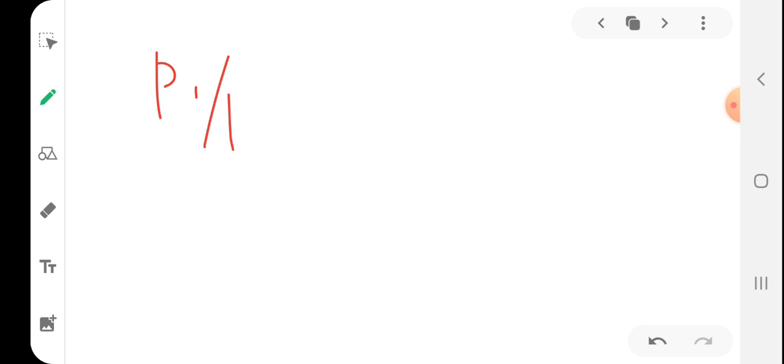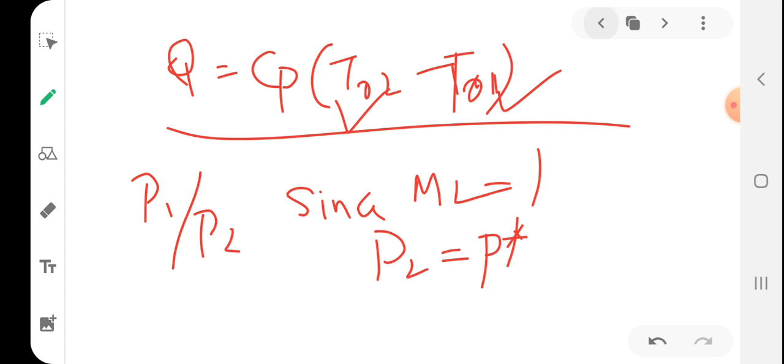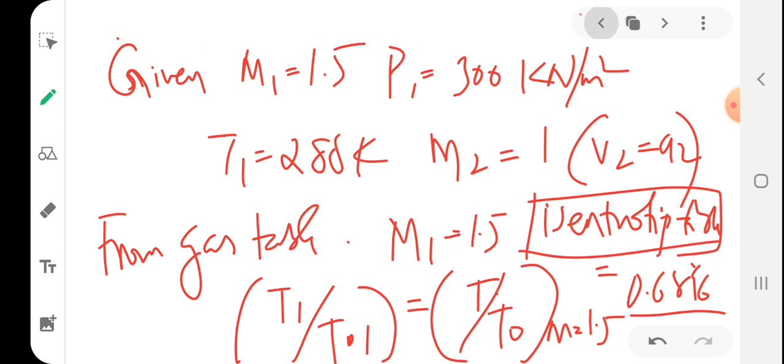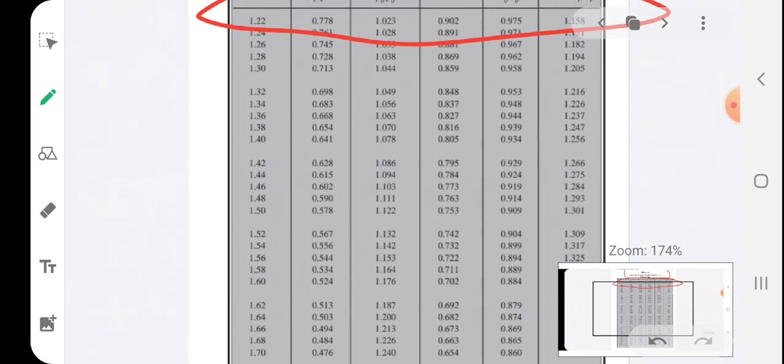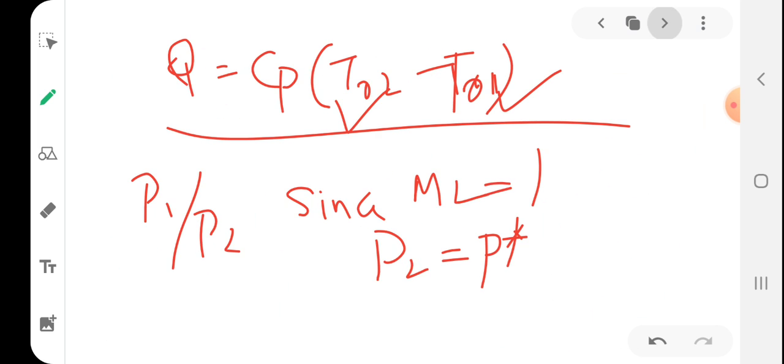So P1 by P star is nothing but P by P star corresponding to Mach 1.5, and that value you can obtain from this particular table. P by P star corresponding to 1.5 will be 0.578.